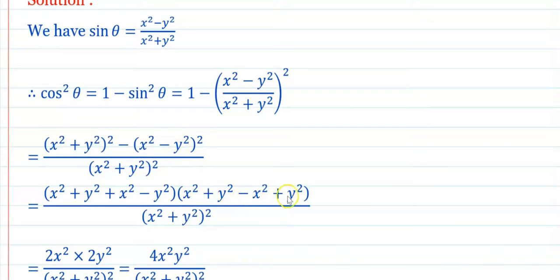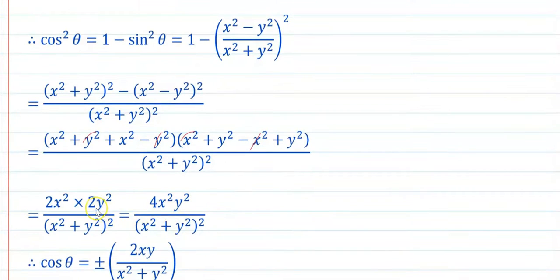Here you will get minus (x square plus y square), and if we simplify here, this y square and y square will get cancelled. Okay, and from here x square and x square get cancelled, and here you will get x square plus x square, that is 2x square, and y square plus y square, you will get 2y square, and for the denominator (x square plus y square) whole square.